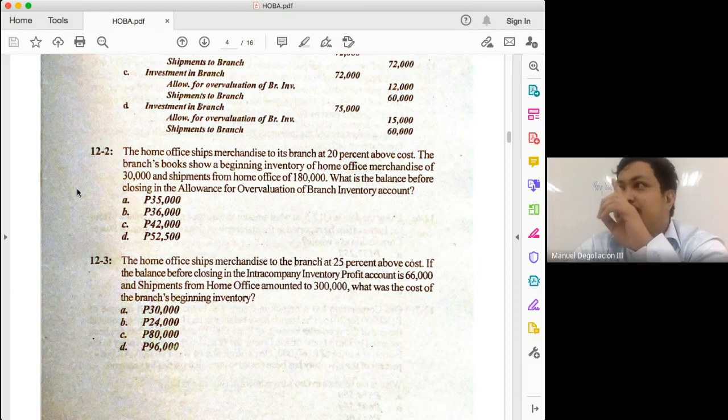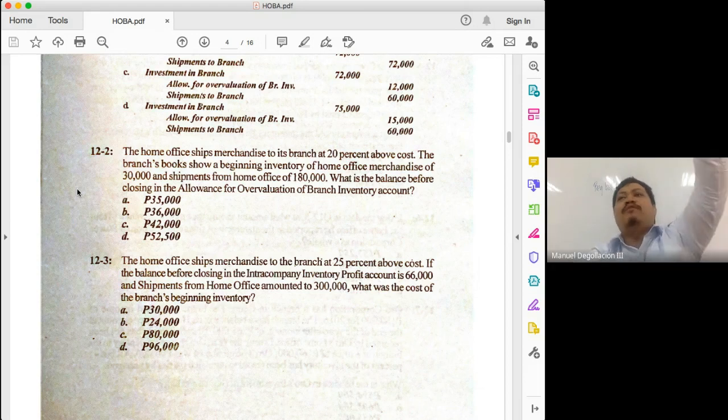So if you deduct the 60,000 markup on the shipments from the 66,000 representing the markup on the tigas, you would get 6,000. And what will that 6,000 represent? It will represent the markup on your beginning. And were we able to solve earlier the beginning inventory, class? Yes, it was 30,000. So 30,000 minus 6,000 will give you your 24,000. Okay.